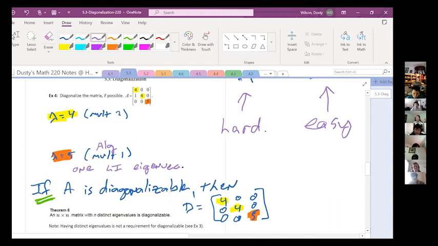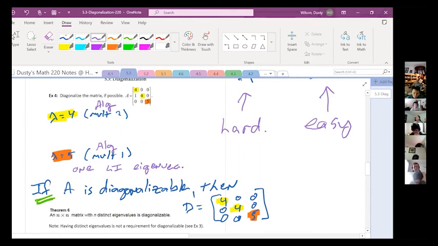So our only real question is what's going on with lambda equals 4. We can see that it has algebraic multiplicity of 2, but does it have geometric multiplicity of 2? That is, are there 2 linearly independent eigenvectors?